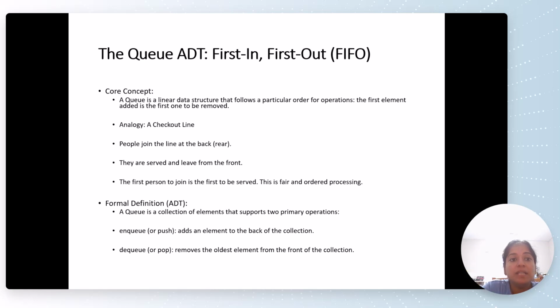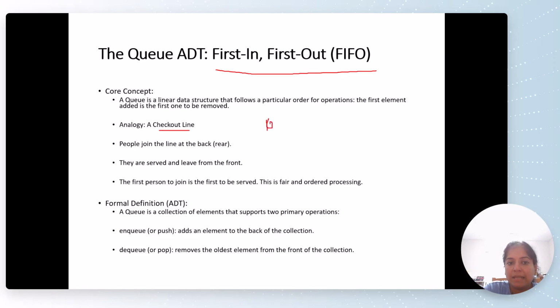Then next one is the queue ADT, queue abstract data type. Queue is based on first in, first out operation. That means the element which is added first will be removed first from the container. For example, a checkout line.